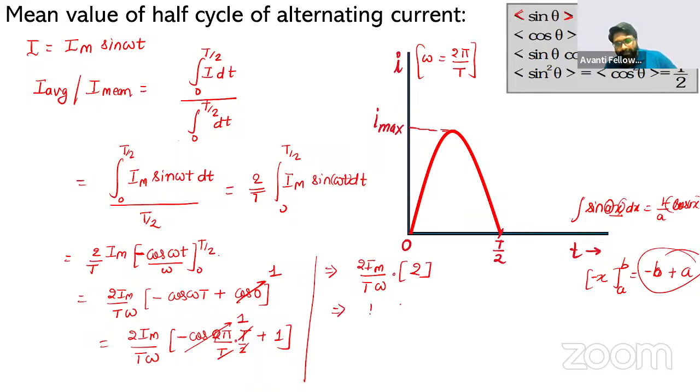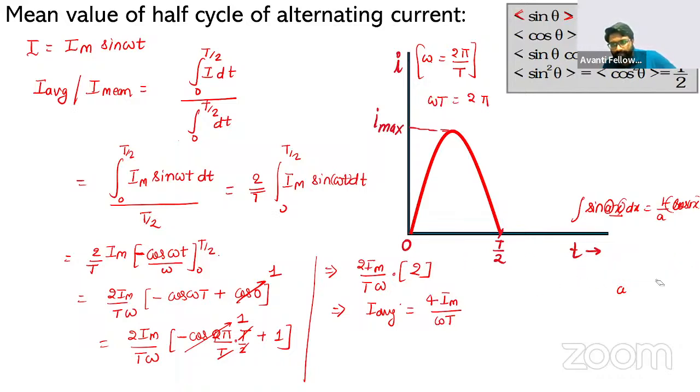So finally we are getting that I average is nothing but 2 Im upon, sorry, 4 Im अपॉन ओमेगा कैपिटल टी, और ओमेगा कैपिटल टी की वैल्यू यहां से हम रख सकते हैं क्या? 2 पाई. So when you put it here, let me change the color here.